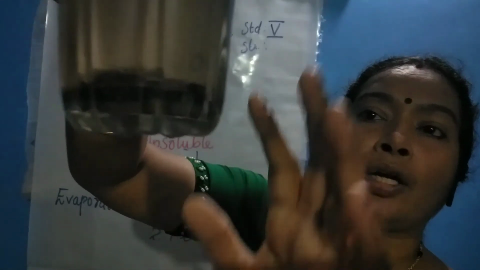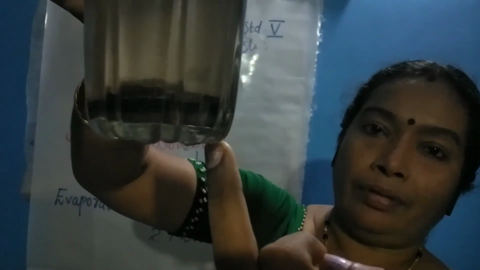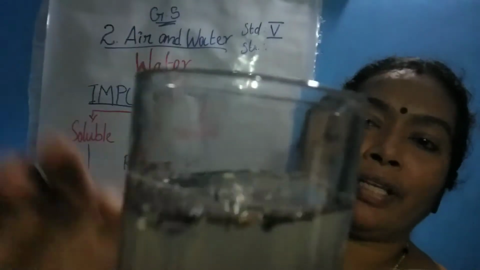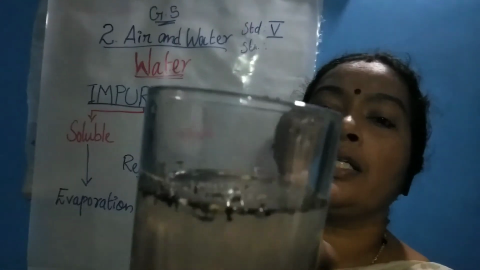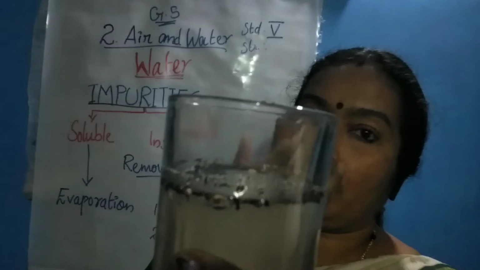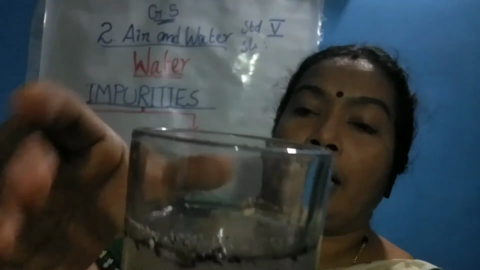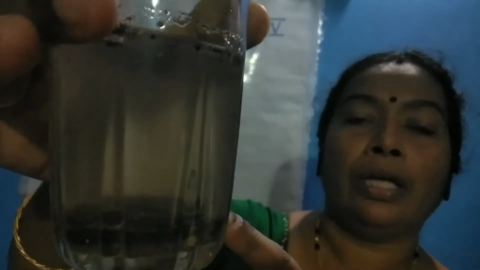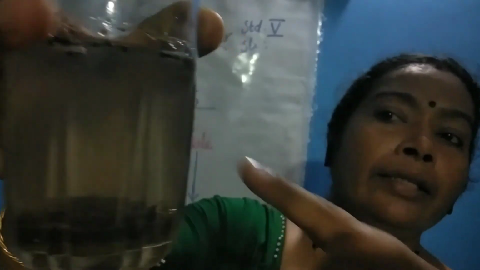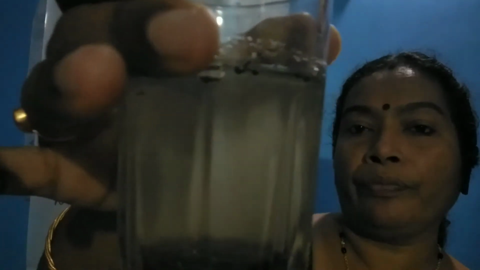The impurities which are not dissolved in water settle below the water, and on the water surface also, the undissolved impurities, meaning insoluble impurities, are floating. Those which are lighter are floating above the water level, and those which are heavier are settled down under the water. And see the water color also.